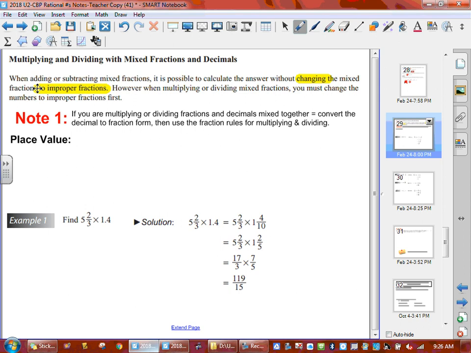Okay? Note, if you are dividing or multiplying, you guys don't have this note, or is it in your notes? It is? Okay, good. So note 1 says, if you're multiplying or dividing fractions and decimals mixed together, you convert the decimal to a fraction form.